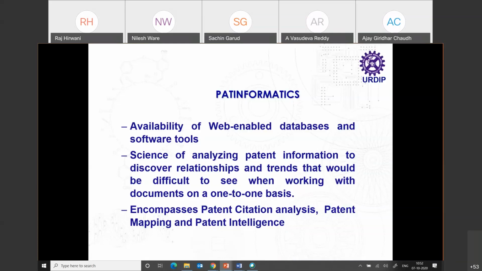Relationships and trends are what you see when you go beyond working with documents on a one-to-one basis. If you're looking at a single patent document, you are looking at a single invention.